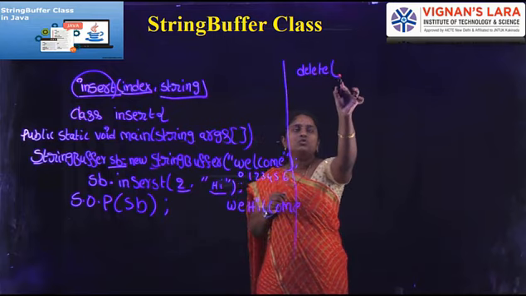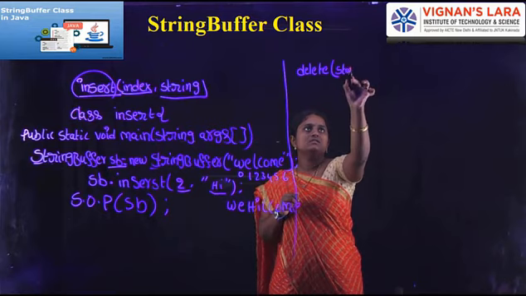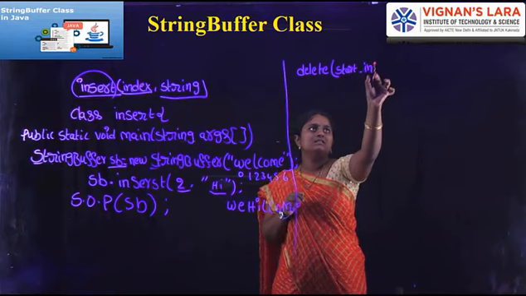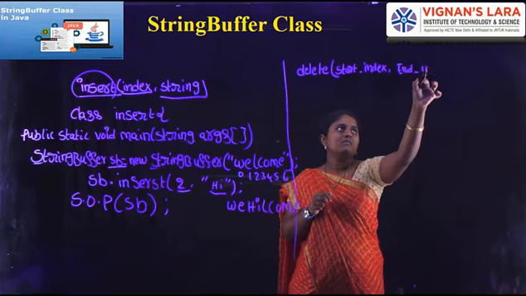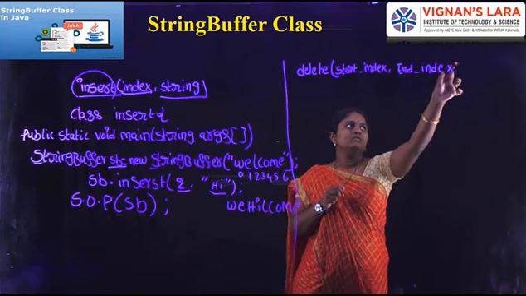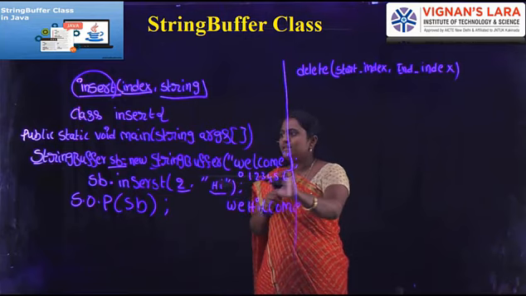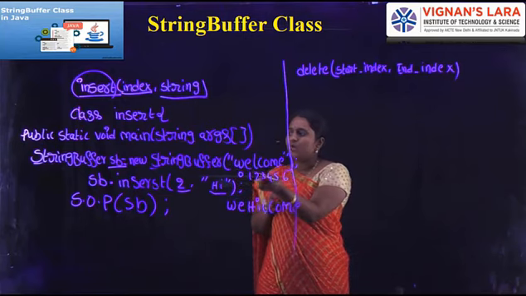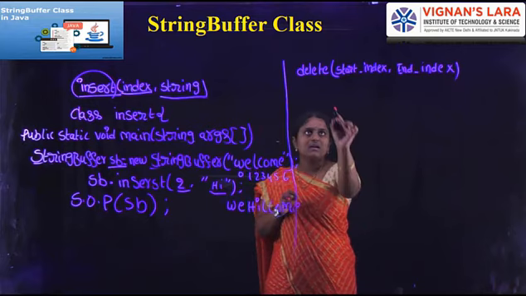This method has two parameters, start index and end index. For example, in this program we have already created the StringBuffer class, StringBuffer sb equal to new StringBuffer("welcome").